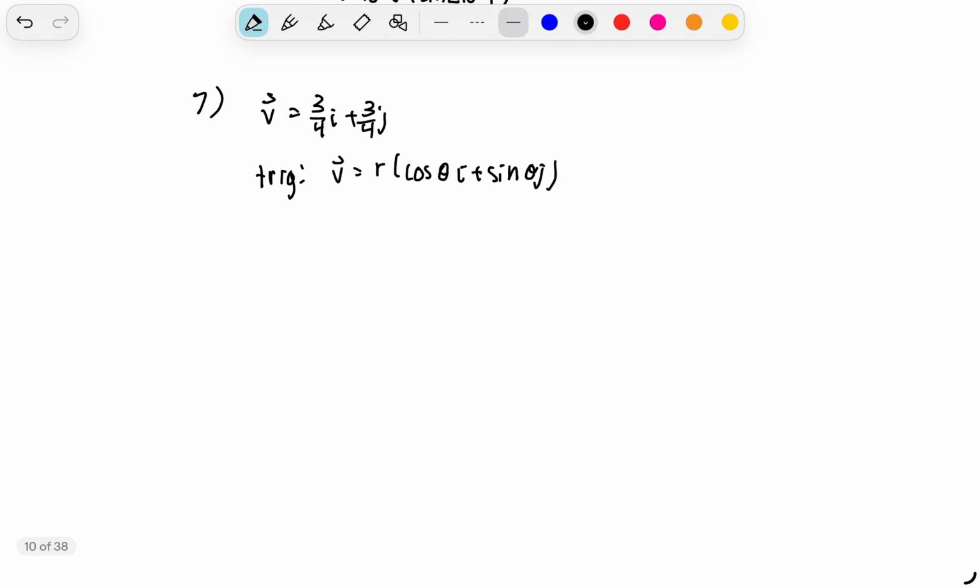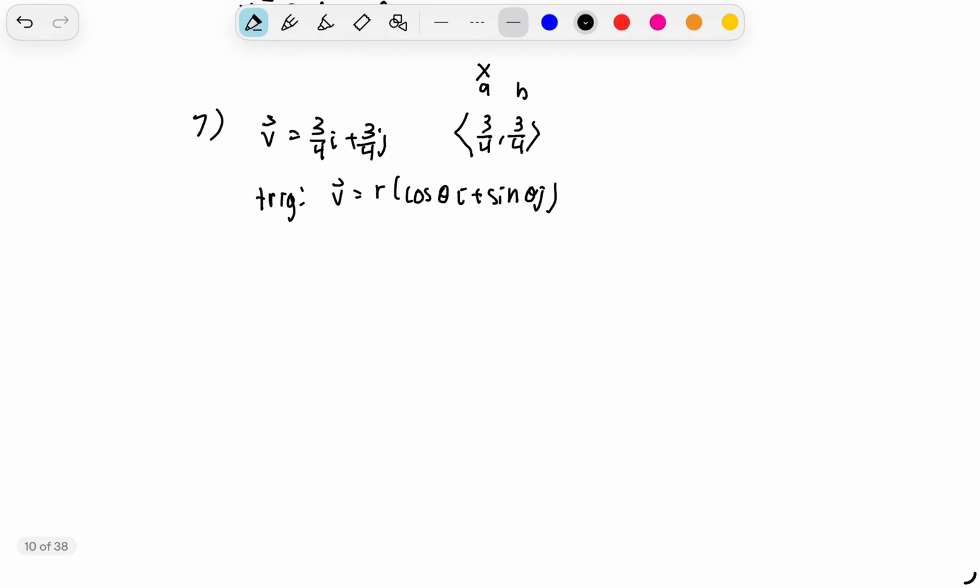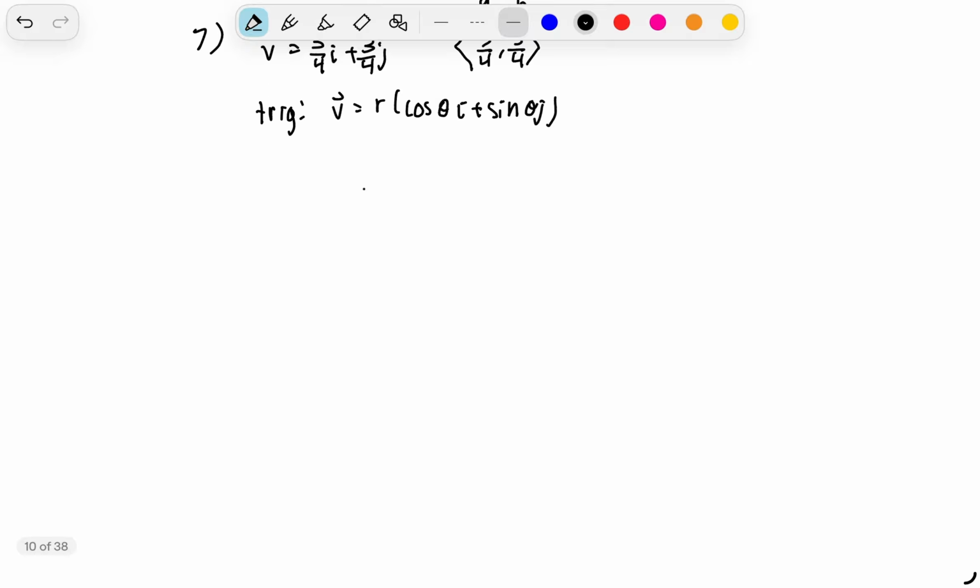From our components, we see that the vector would be 3 over 4, 3 over 4, because that's a and b. So we can see that our x would be 3 over 4, and our y would be 3 over 4. Then we have to find the magnitude using r is equal to the magnitude of v. So it's going to be the root of x squared plus y squared.